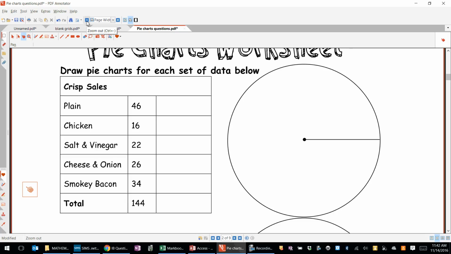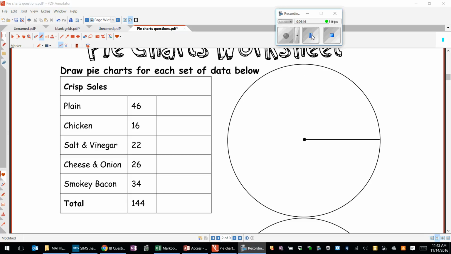Now, remember what I said? We've got to fit 144 people into the pie chart. Regardless of how they're split up, we've got to fit 144 people. And that's because we've got 144 people. Okay, back in the room.